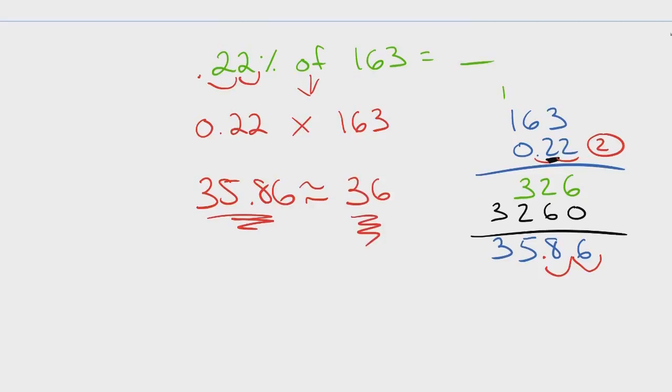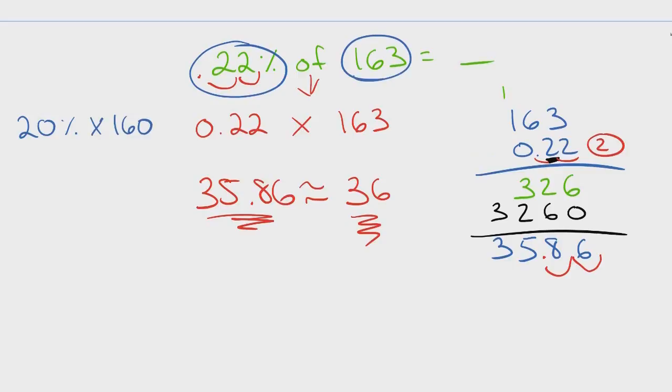And just to show you really quick how to check your answer, just in case you might want to do this, you just estimate this 22%, let's say 20%, really easy. And change this 163 to 160, and I change the "of" to times, and all I do is do 2 times 16, which gives me 32.